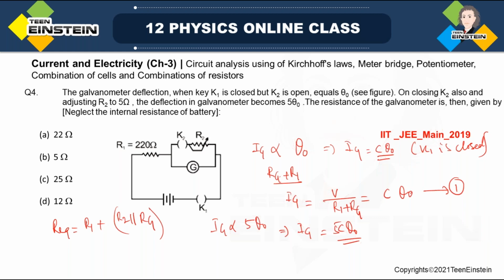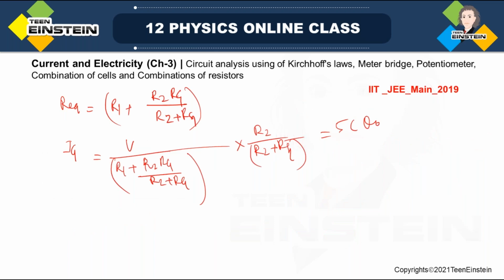So maybe we can make use of that also. Here, this is not 5 theta 0, it is theta 0 by 5, so the 5 will be down. This is the value here.